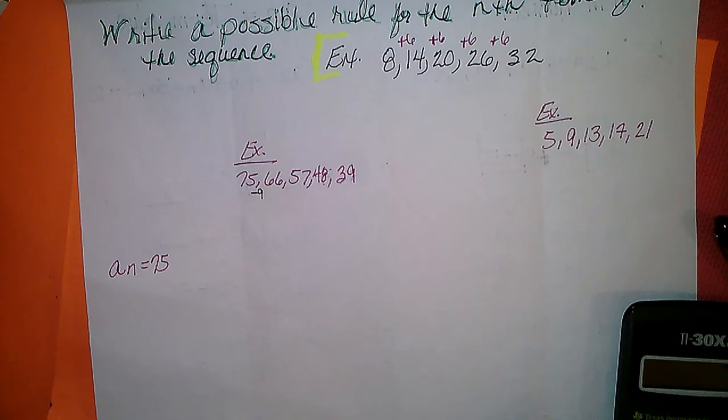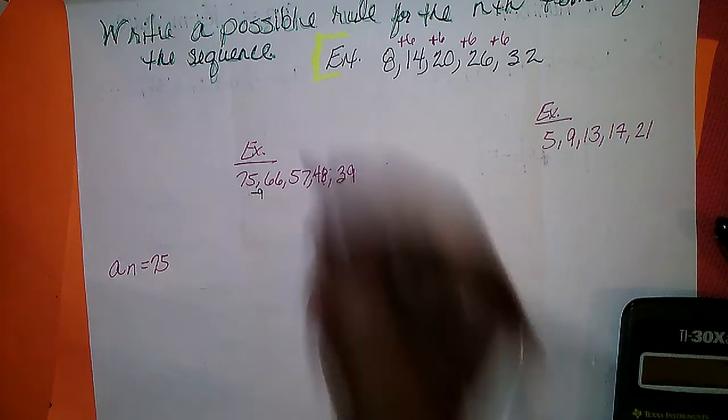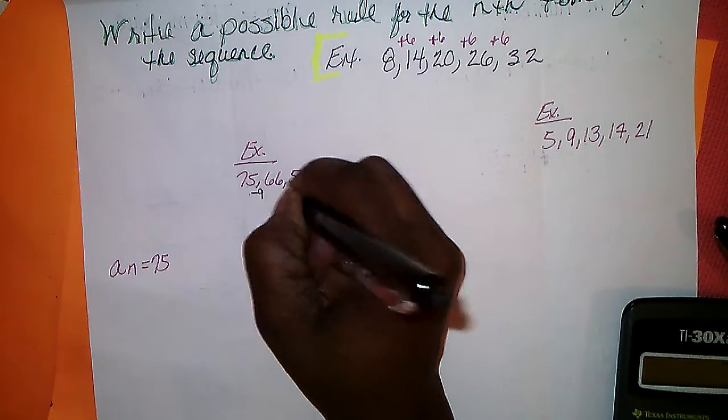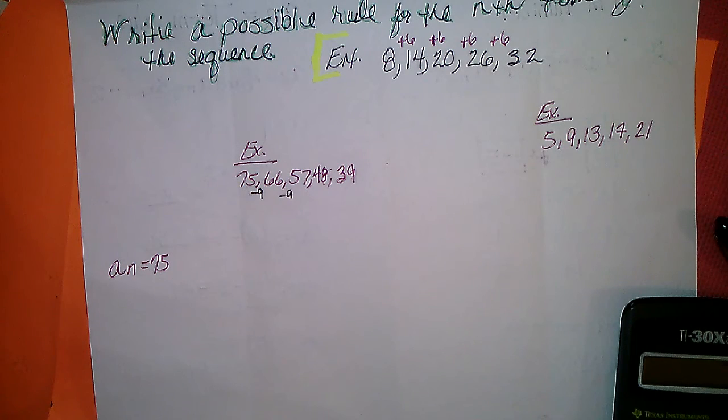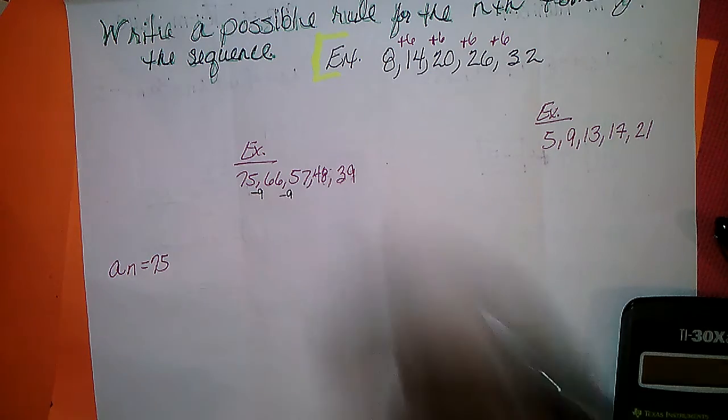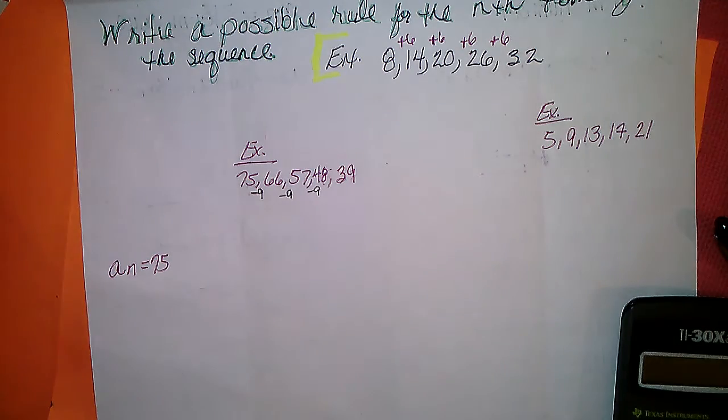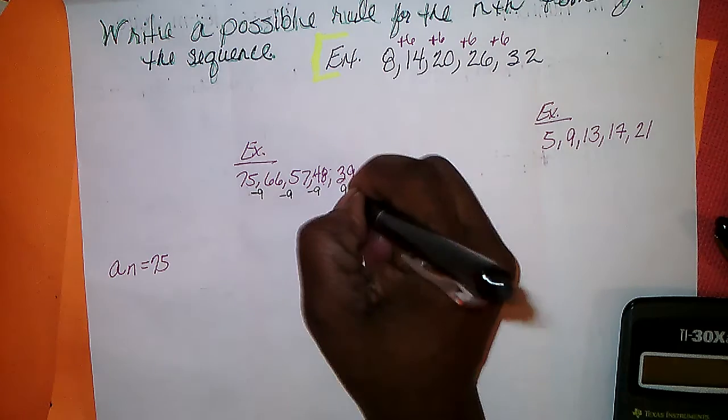And then we have 66 and 57, that gives us 9. And 57 minus 48 is 9, so that's a common difference of 9. And then 48 minus 39 gives us 9 as well.